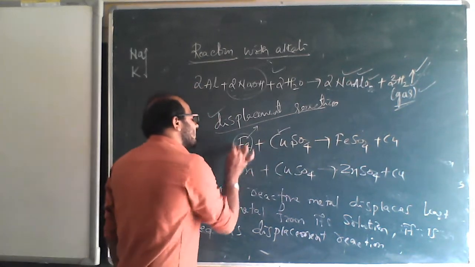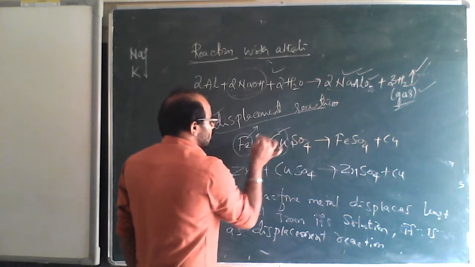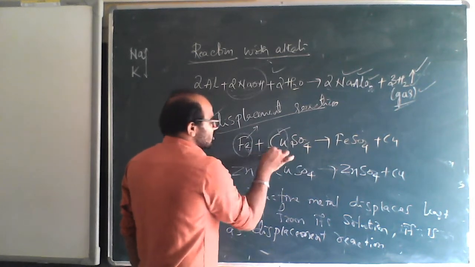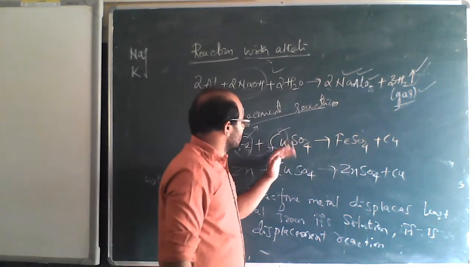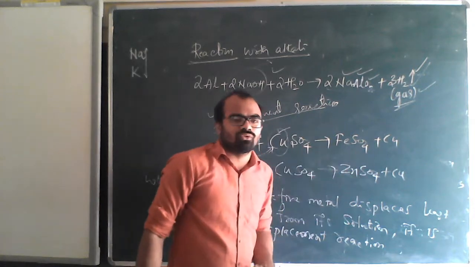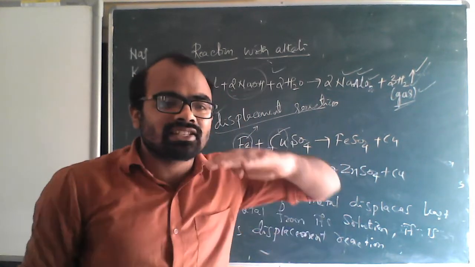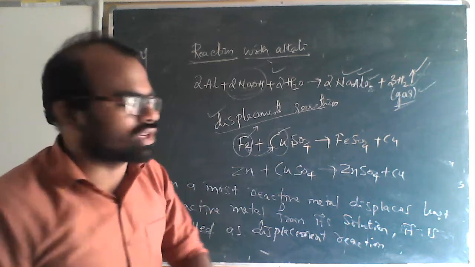Now what does iron do? It displaces Cu, takes the SO4 and becomes FeSO4. That means Fe displaces copper from its solution, CuSO4.